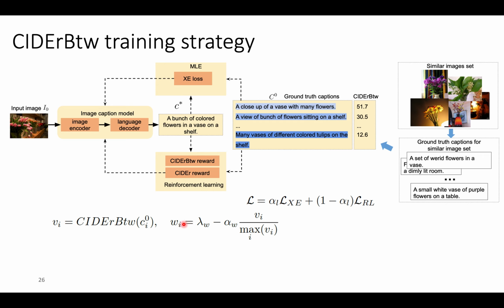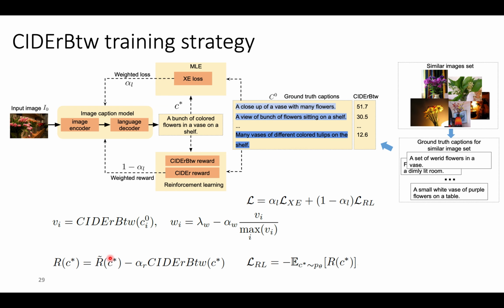Thus, the parameter Wi can reweight the contribution of the ith ground truth caption during training. We apply the reweighting mechanism when calculating the cross-entropy loss of each ground truth caption in maximum likelihood estimation. Similarly, we reweight the reward of each ground truth during reinforcement learning.